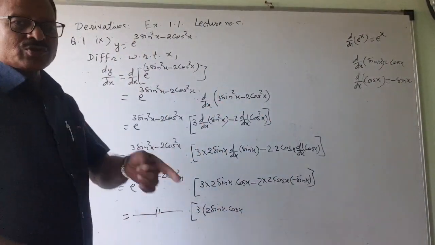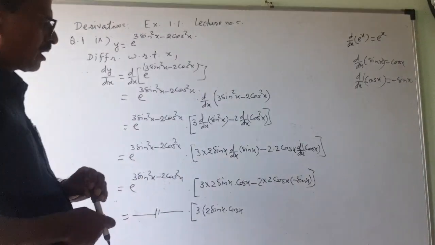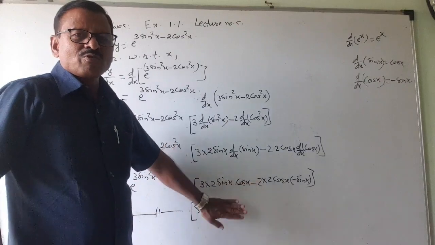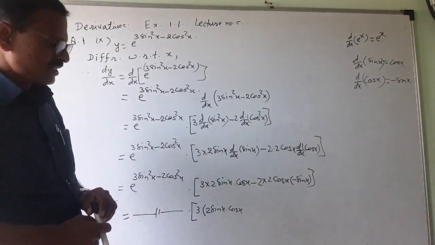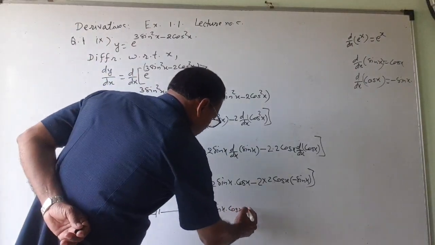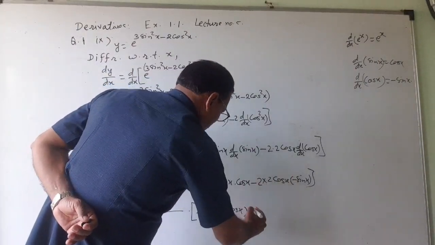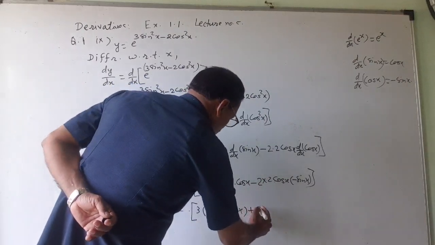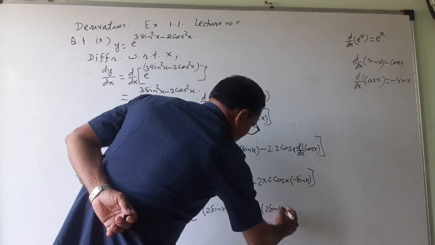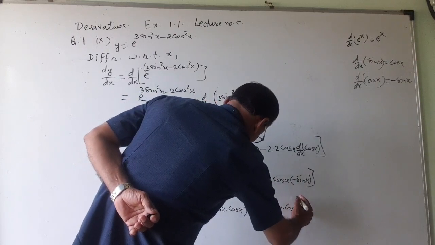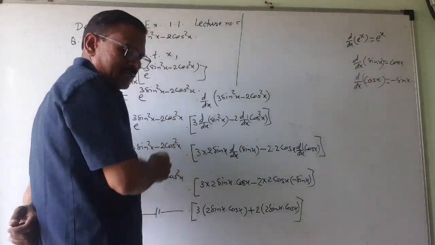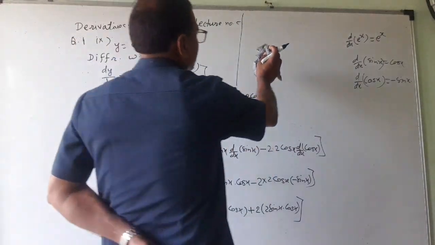But in the MCQ, in the competitive examinations, the answer will not stop over here. Answer will go further for the final step, and that's why this step is very essential. Note this step, 2 sin x cos x. This minus and this minus will become plus, 2 into 2, sin x into cos x. So now the final answer.